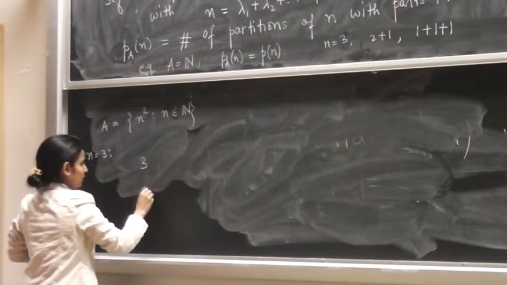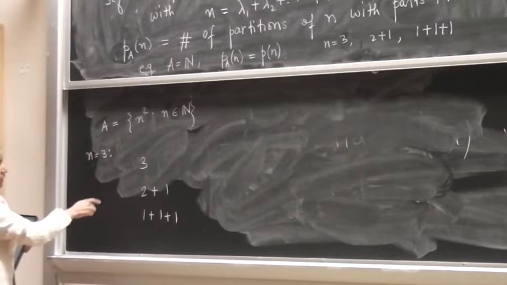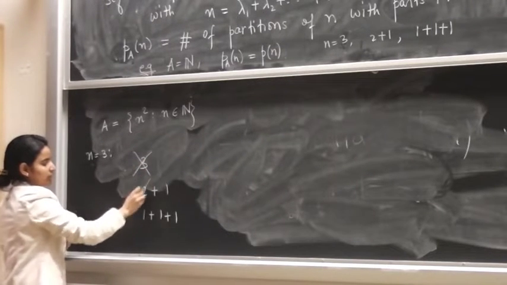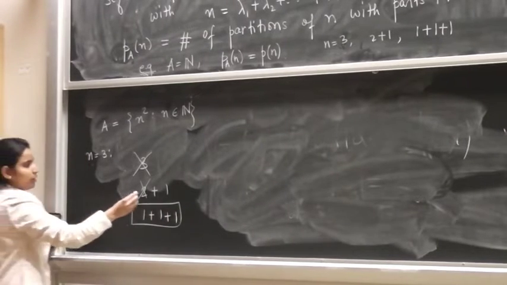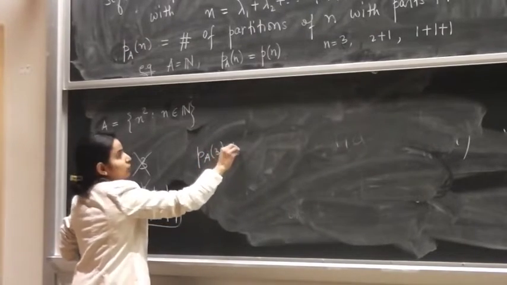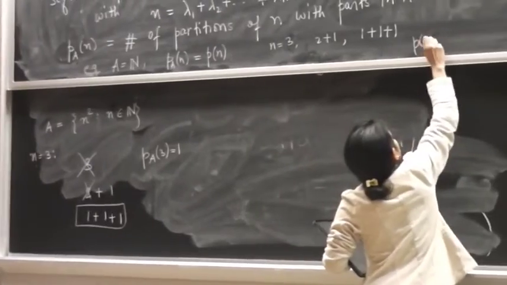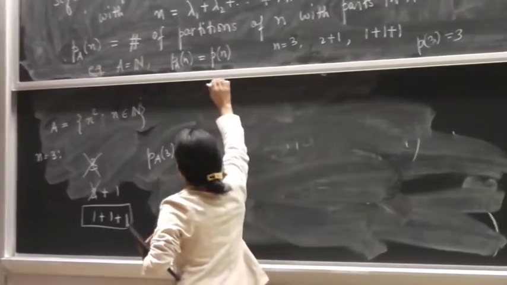Earlier you had 3, 2 plus 1 and 1 plus 1 as partitions, but now each of your parts has to be a square. So this is not good, this is not good, only this is good. So in that case, P sub A of 3 is equal to 1, while in this case, P of 3 was equal to 3.